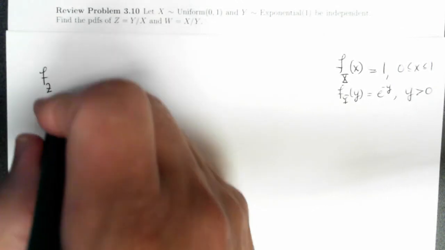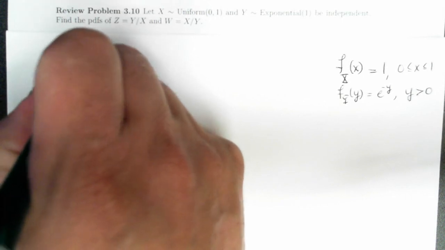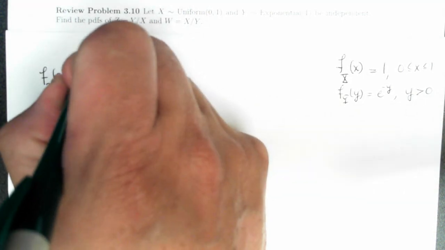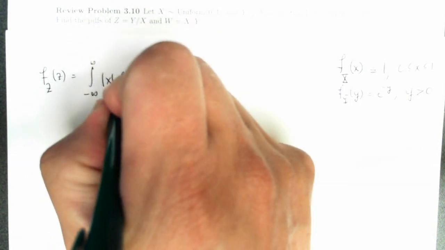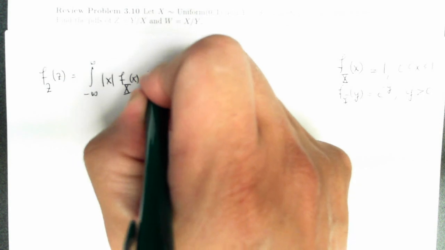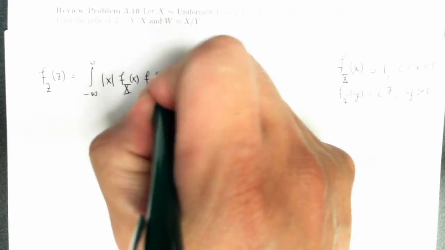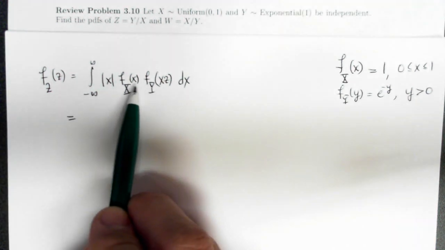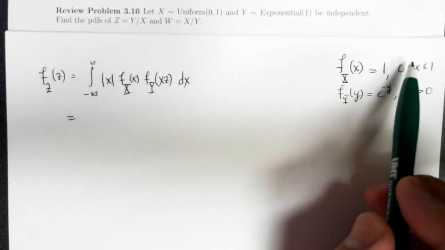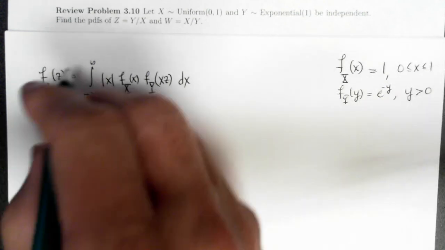And the formula goes that the PDF for Z evaluated at the point z is equal to the integral from minus infinity to infinity of absolute value of x times the PDF of x times the PDF of y evaluated at x times z, and I integrate dx. Now for this problem, the PDF only takes values when x is between 0 and 1.